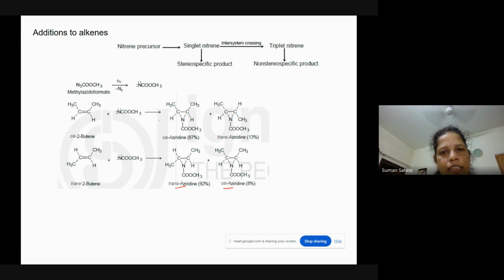With singlet nitrene, in case of cis-2-butene, mostly it gives you a stereospecific product. So some of this will give you a cis product, but if the reaction medium permits, some will be converted to your triplet nitrene. So in that case you would get a trans product.